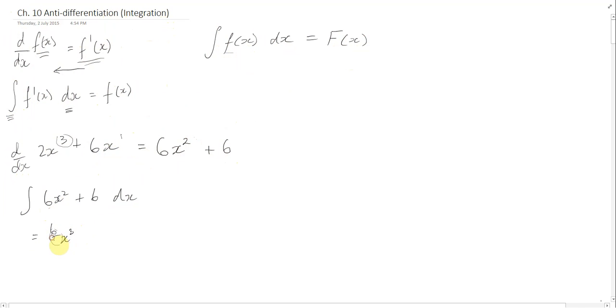So that bit is going to be a 2x cubed there. Similar thinking for this constant term, we've got a 6. The only way you can get a constant is by being multiplied just by x. So I can do plus 6x. So there we go, and I've got back to our original answer, just using backwards thinking in reverse.